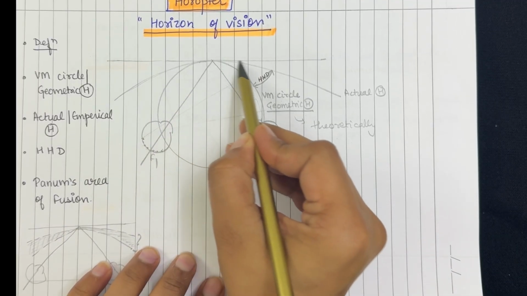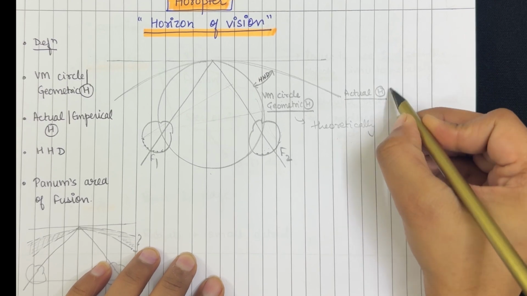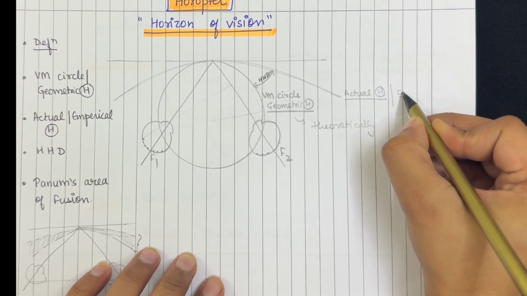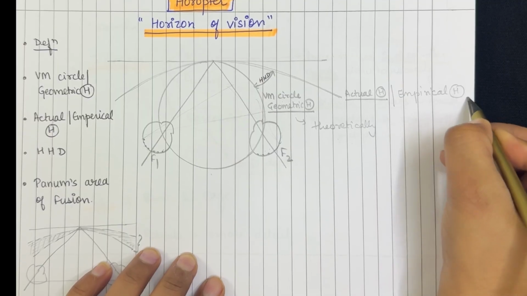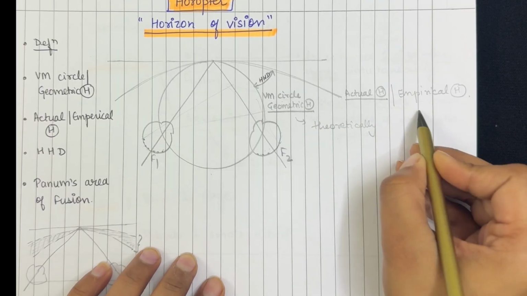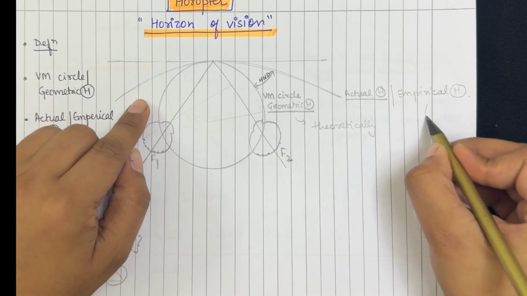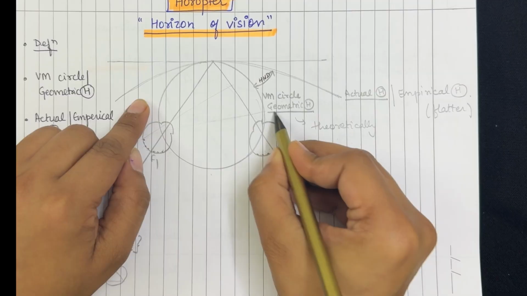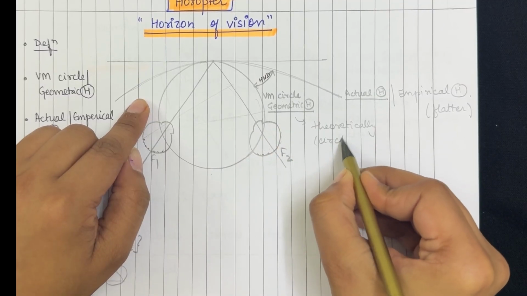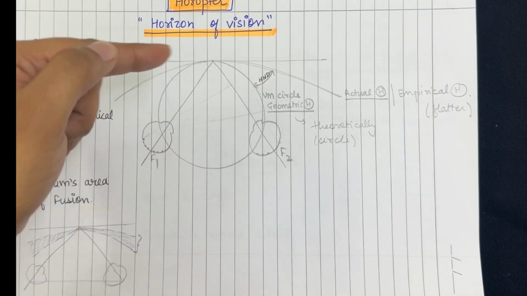You have a more flattened Horopter, and this is called actual Horopter, or we call it empirical Horopter, right? So this is the empirical Horopter curve. It is not so curved, it is more flat, whereas the Vieth-Muller circle is a theoretical circle passing through corresponding points.